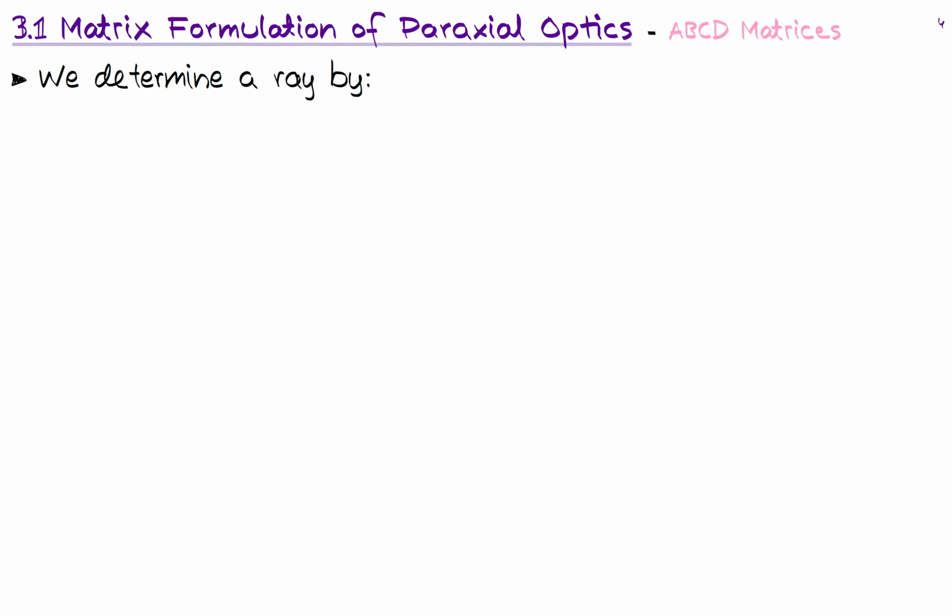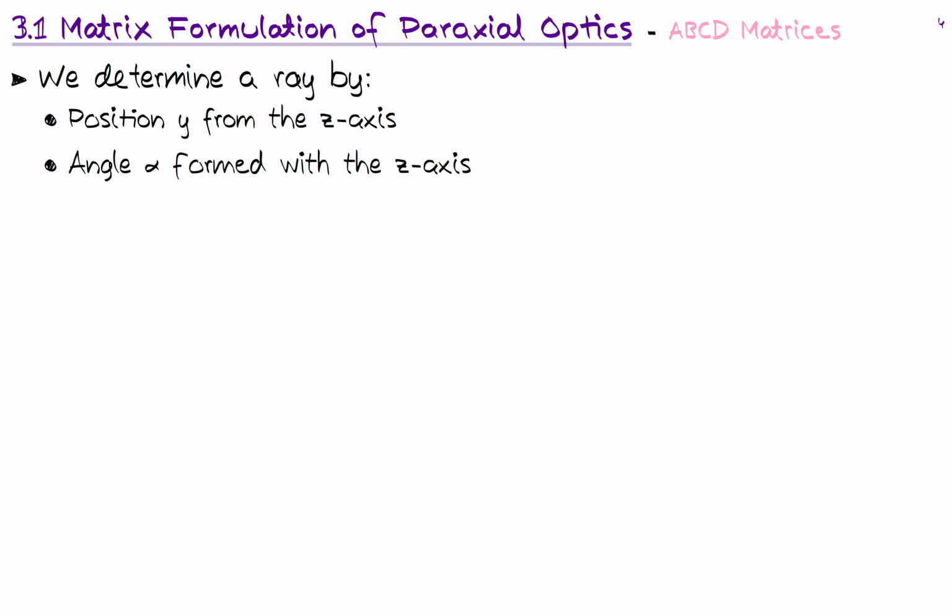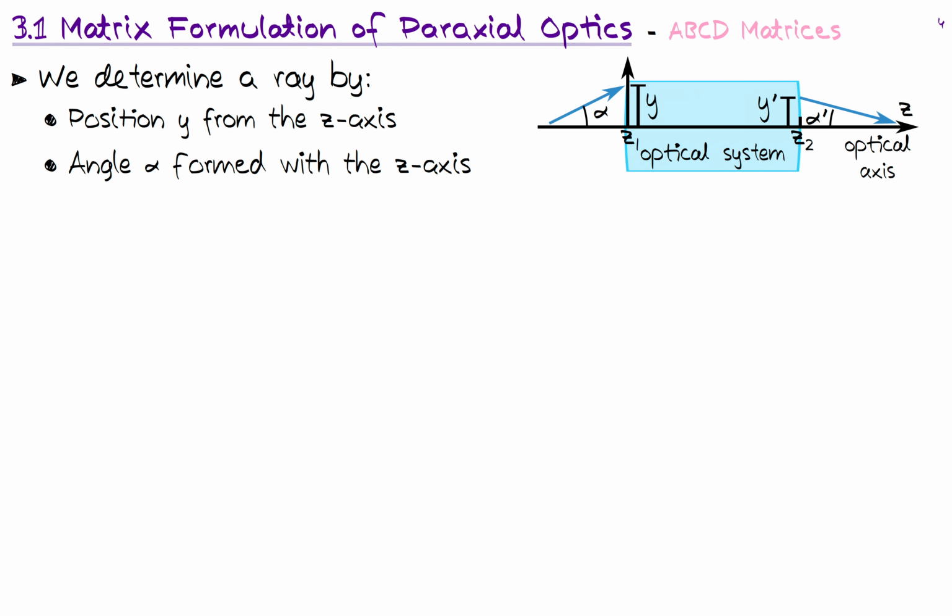We start by determining a geometrical ray using two variables. First of all, the position away from the optical axis, the z-axis, denoted with the y coordinate, and then the angle alpha formed between the ray and the z-axis, the optical axis.